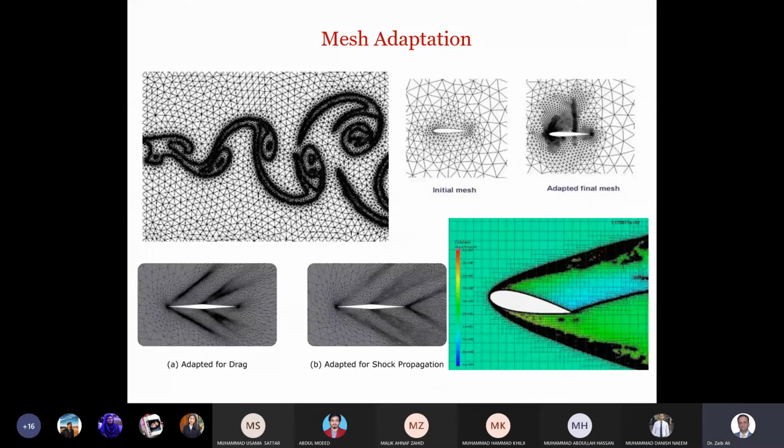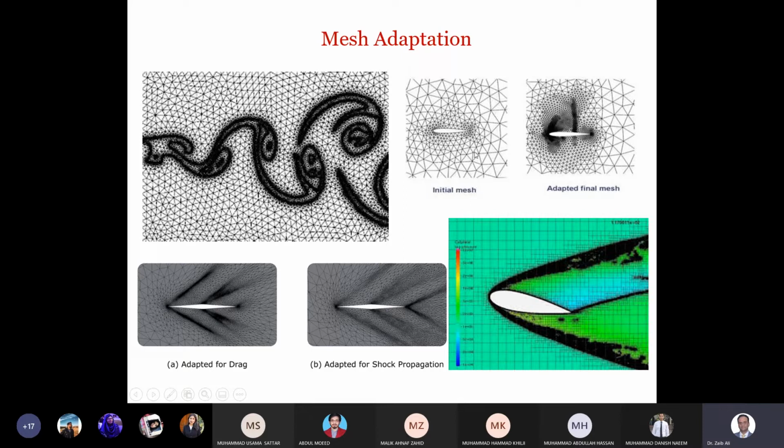Okay, mesh adaptation is another important area of research. What mesh adaptation means is that you only refine or de-refine your mesh depending upon the fluid activity, or for example, where we have large gradients of the flow quantities. So for example, here we have this local refinement to capture the shock. Here this was the initial mesh.